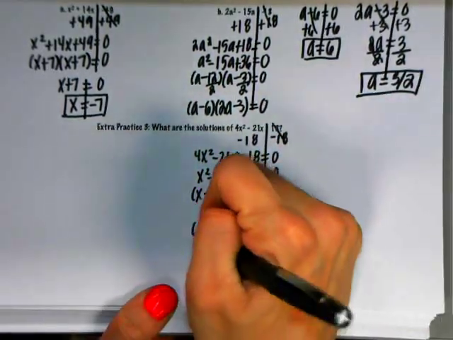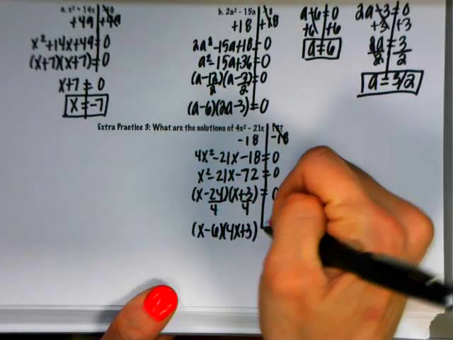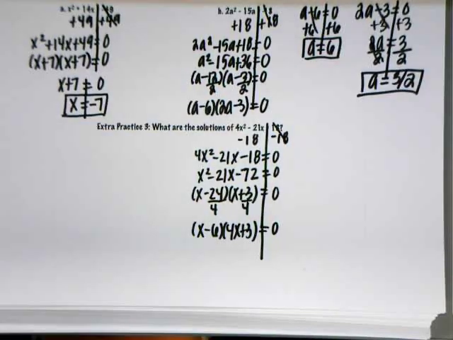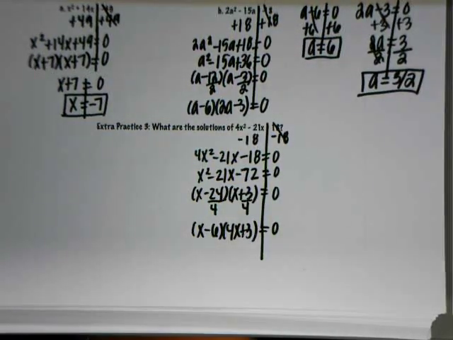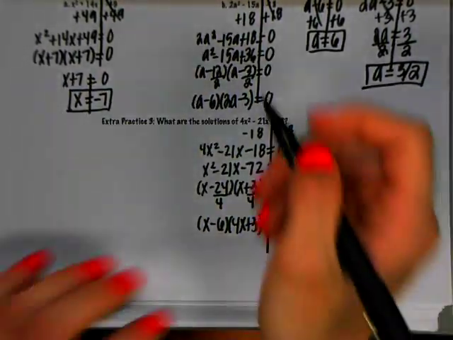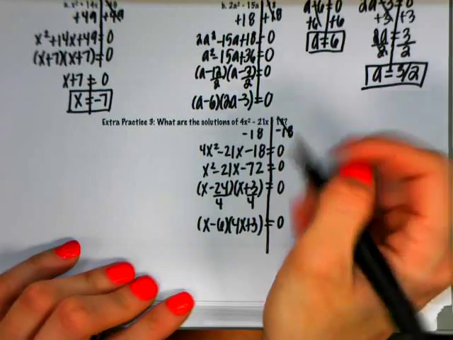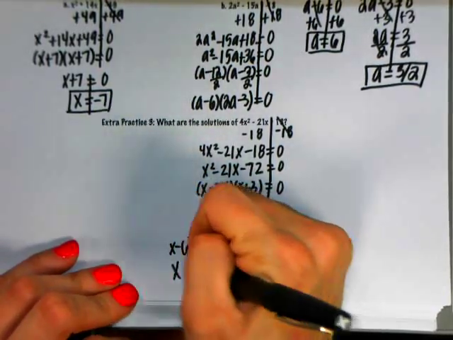So we have x minus 6, because that's what you multiplied by at the beginning. So it's 4x plus 3. Okay, and then when you go to solve those, x minus 6 equals 0, you get x equals 6.